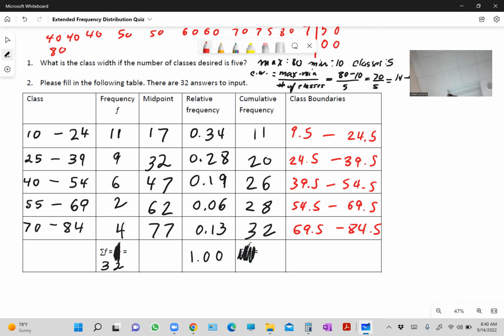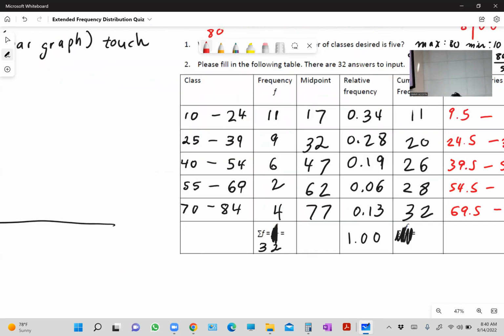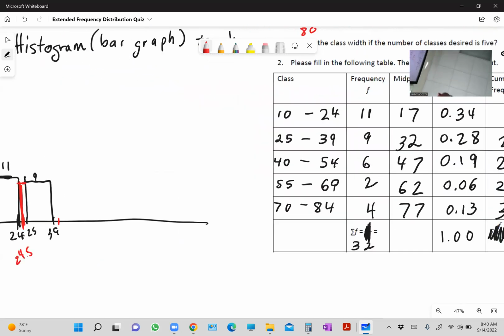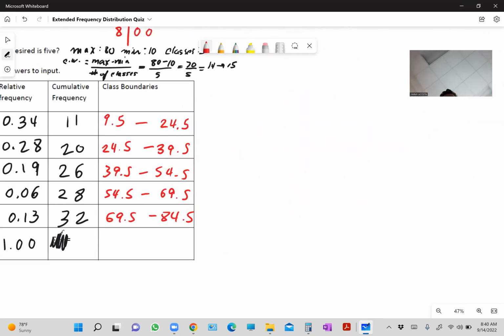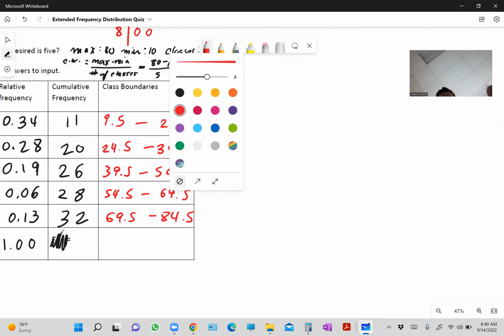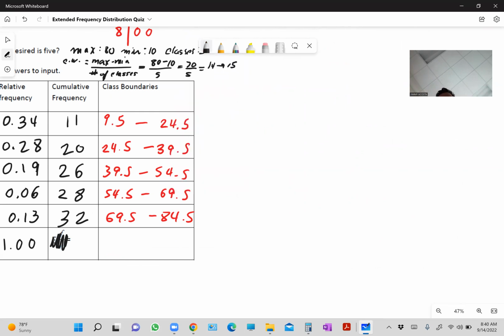So when I make my histogram, I can zoom out a little bit now and pull over here. Now when I make my histogram over here, my first one is 9.5.